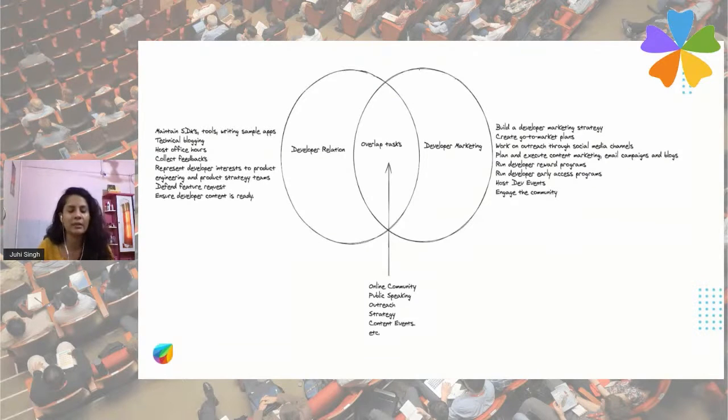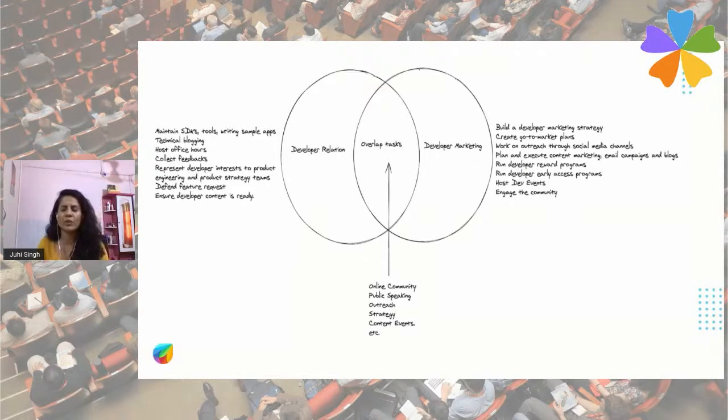If you take the example of the online community, you'll find developer relations answering your forum queries, or you'll also see the developer marketing team hosting reward programs or announcing the events they're going to do next month.